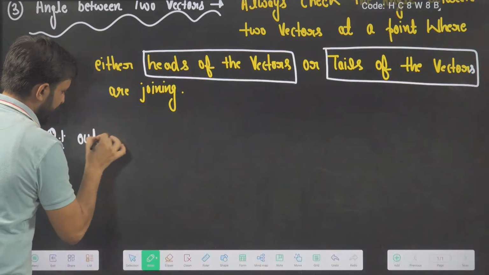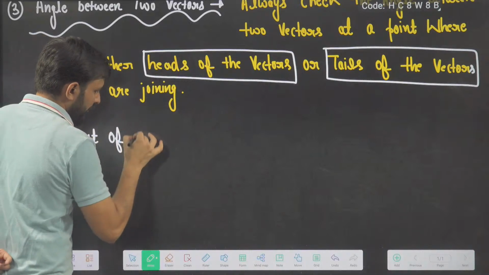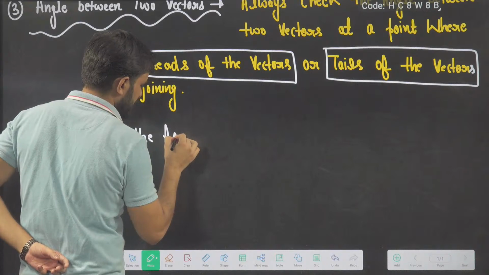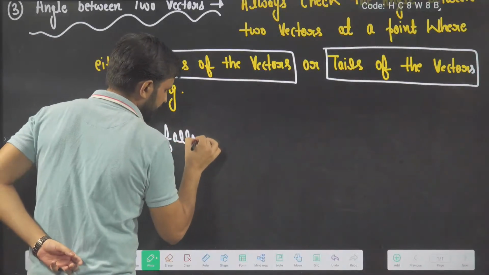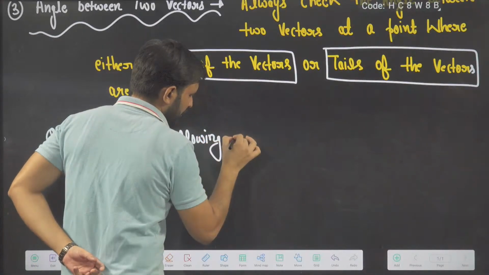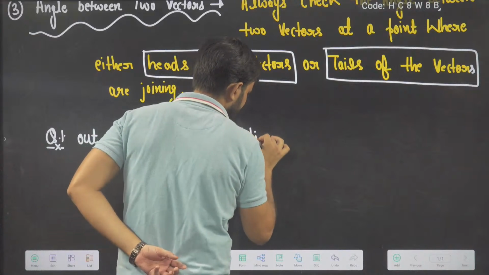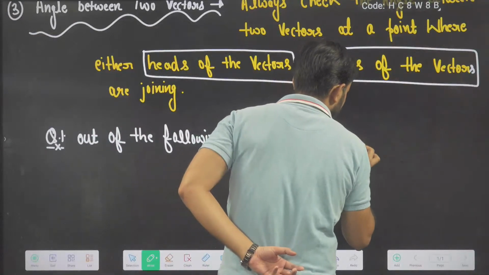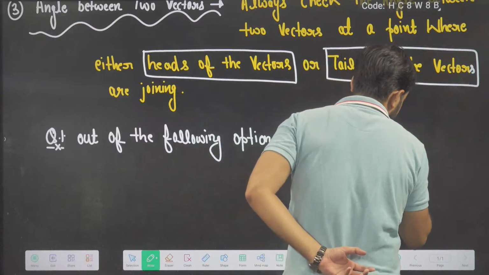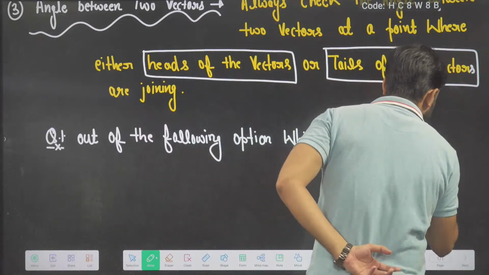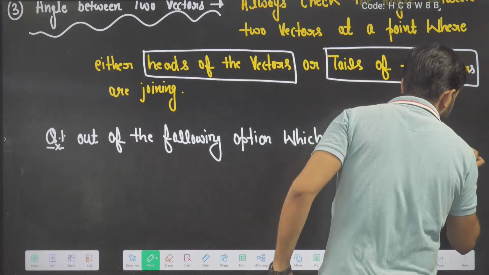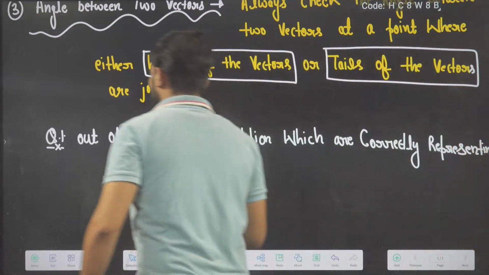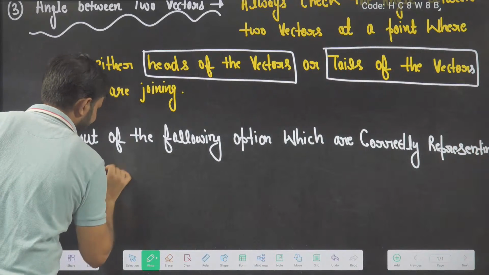Out of the following options, which are correctly representing the angle between two vectors?